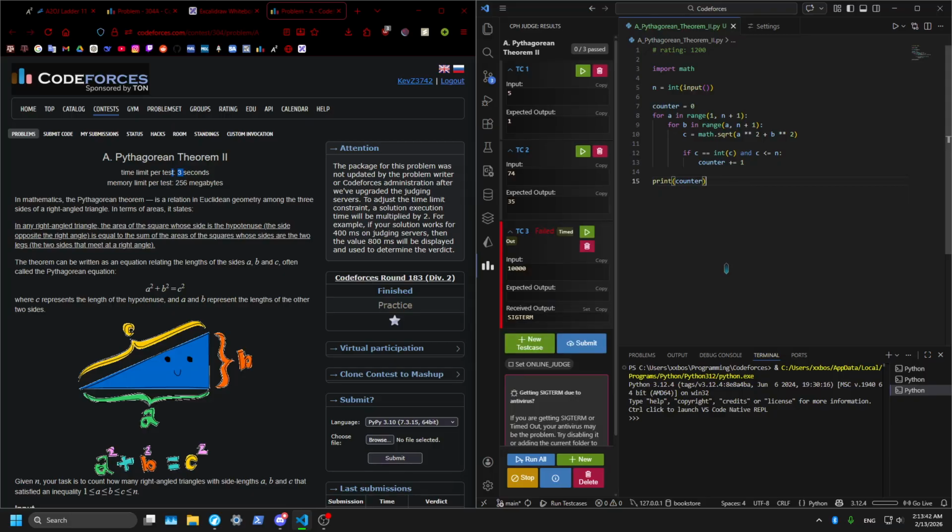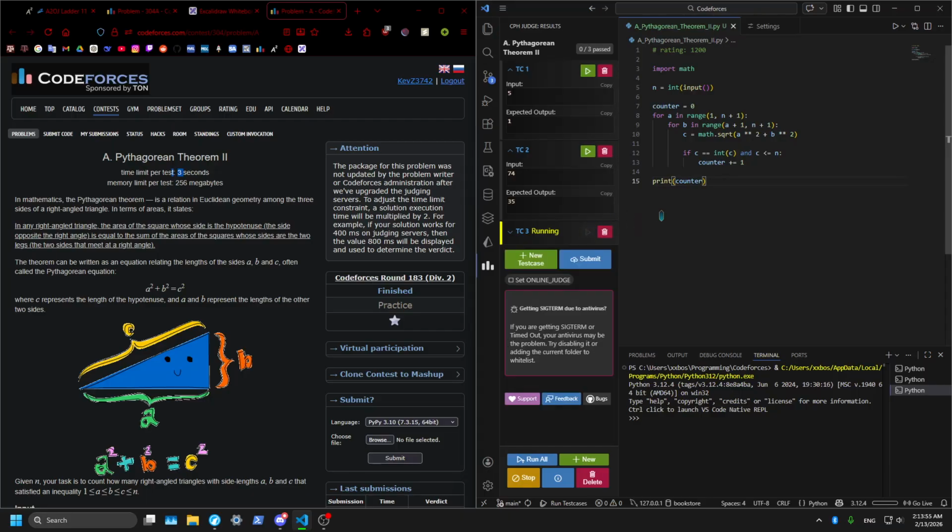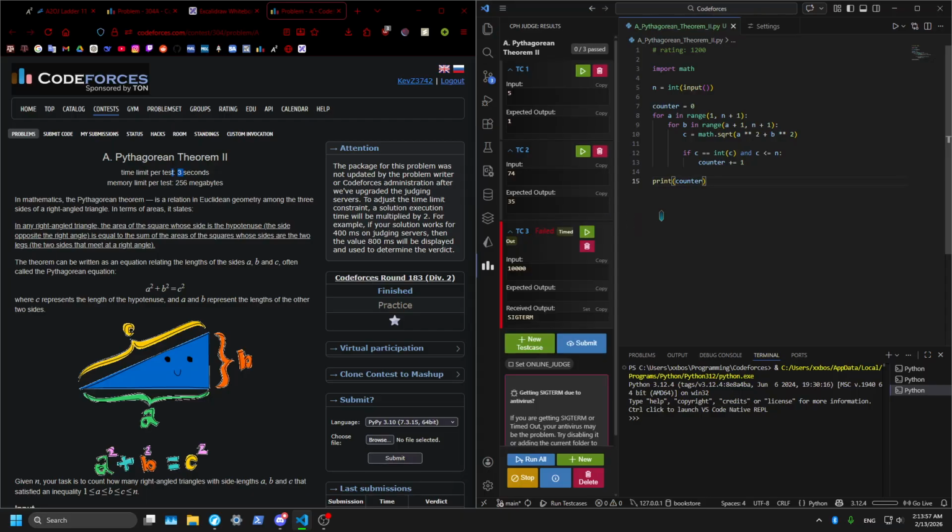Still too slow. If I do a+1, that should save a few checks. Still too slow. isqrt.